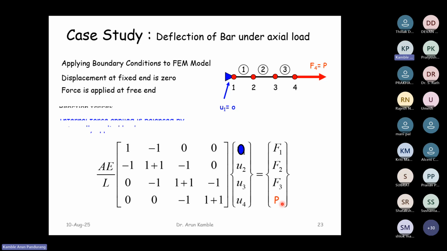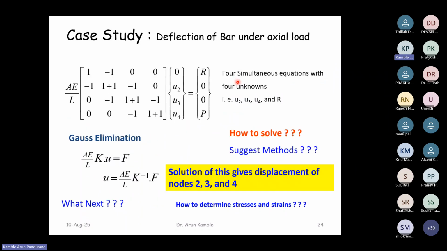Then here you can see the internal force is balanced by the externally applied force P. Therefore, F2 and F3 are also 0. The total unknowns are 4 only: U2, U3, U4, and the reaction at node number 1.